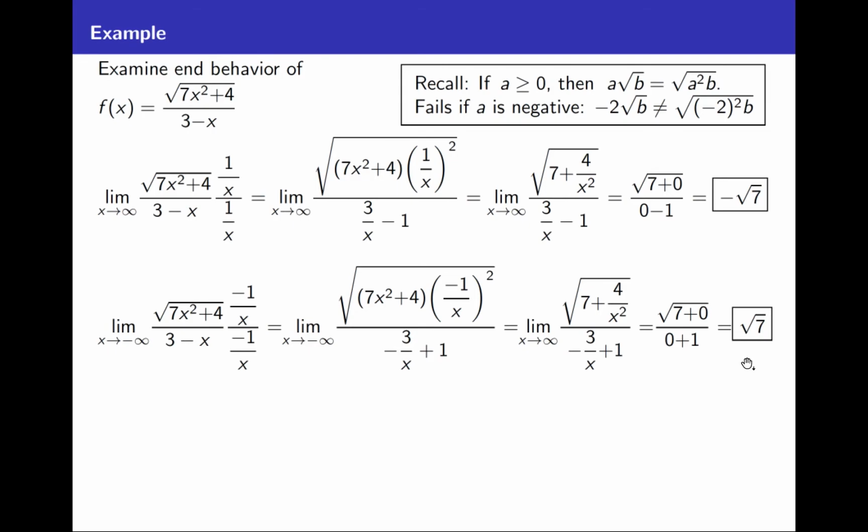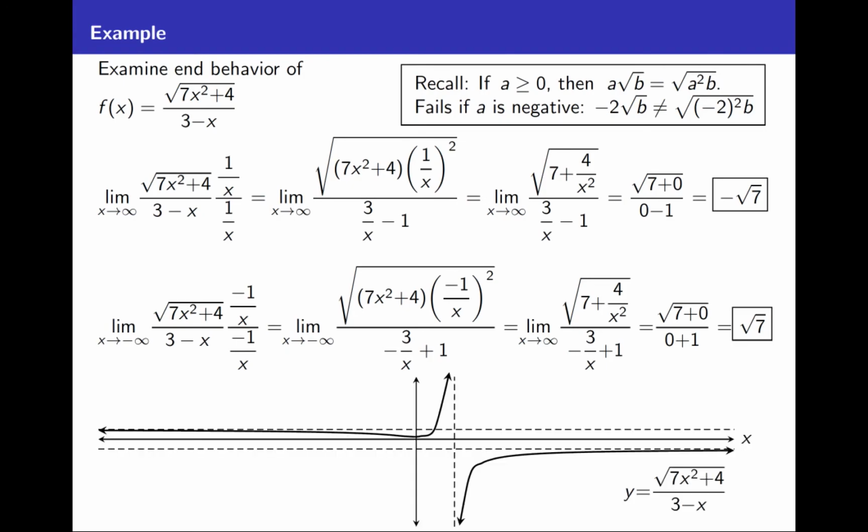So here we're picking up two horizontal asymptotes: y equals minus square root of 7 for the first infinite limit, and y equals the square root of 7 for the second one. If you graph this function, it's going to look something like this.